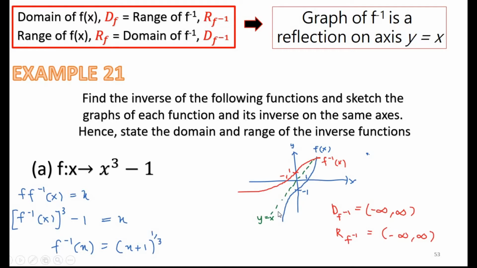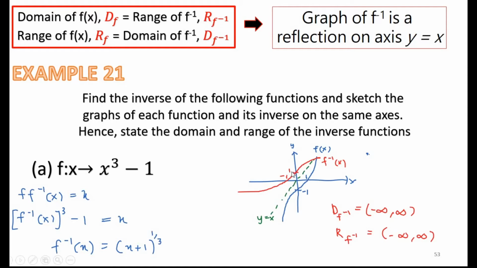And then next, you want to find the f inverse. So what you do is you just draw a line of y equal to x, and then you just reflect this function f to f inverse. So how do we do this? You see this is the point (1, 0). So the inverse should be the other way around, which is (0, 1).